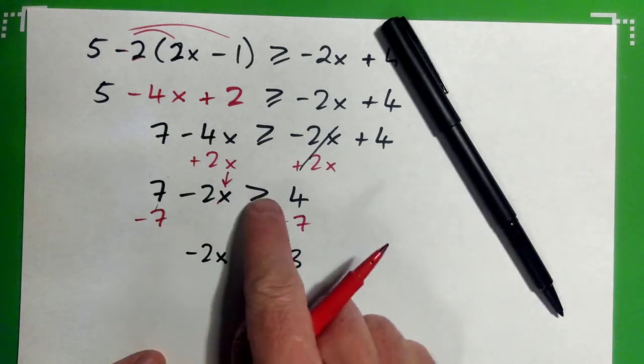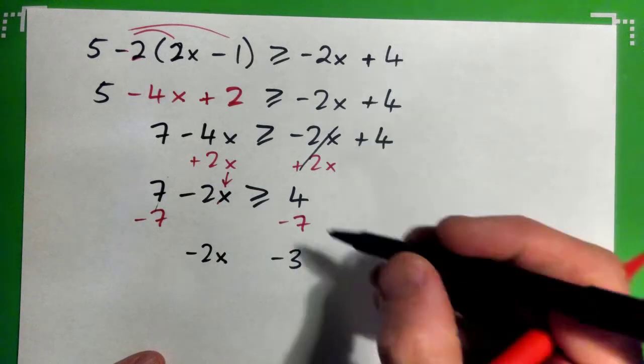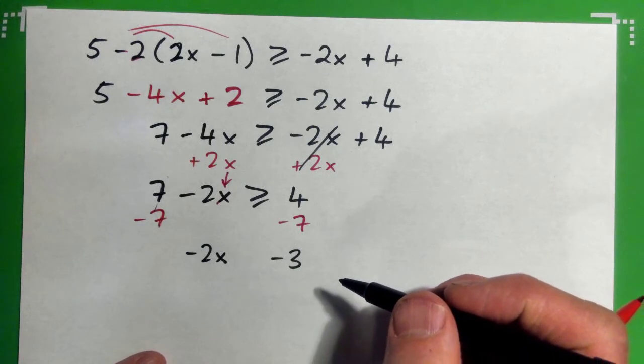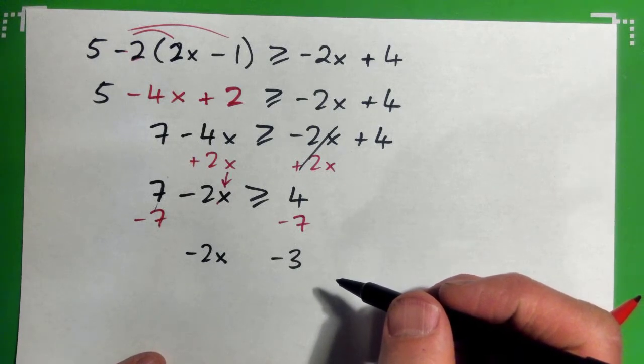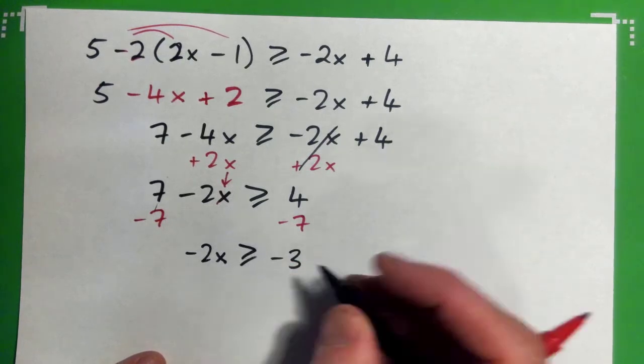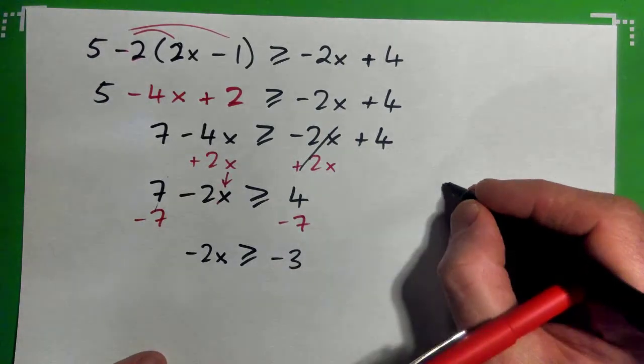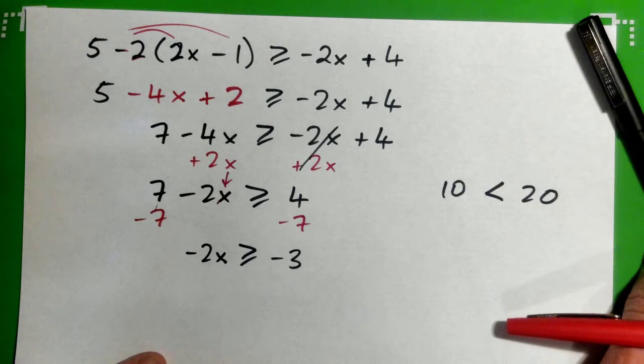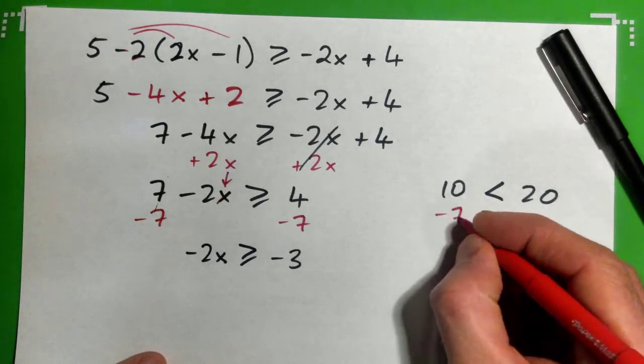Now, do I do something with the inequality sign? Does it stay the same direction or flip? It stays the same because I subtracted from both sides. It's kind of like 10 is less than 20. Do you agree with that? What happens when I subtract 7 from both sides?